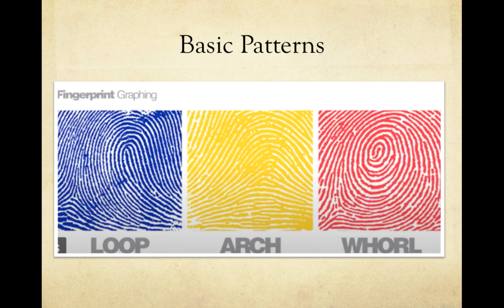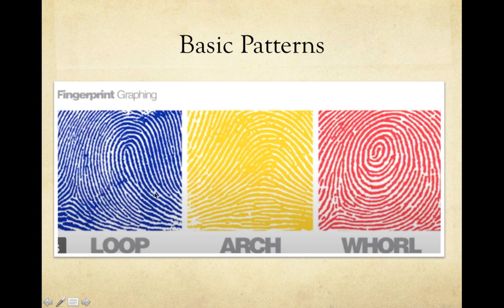And this is in contrast to the arch. You can see with the arch, it enters from one side, say the left side here, and it goes up and it forms the ridge, and then it exits on the other side. So it comes in from the left, goes out to the right.